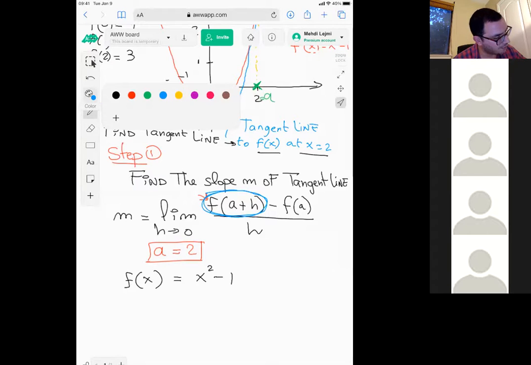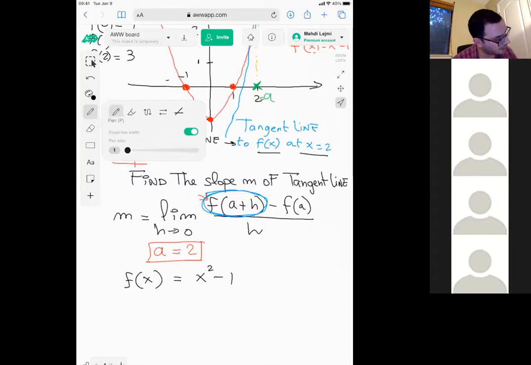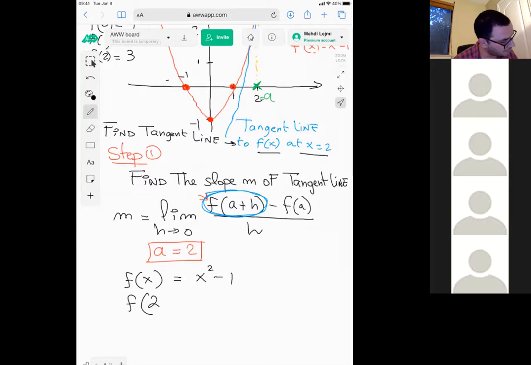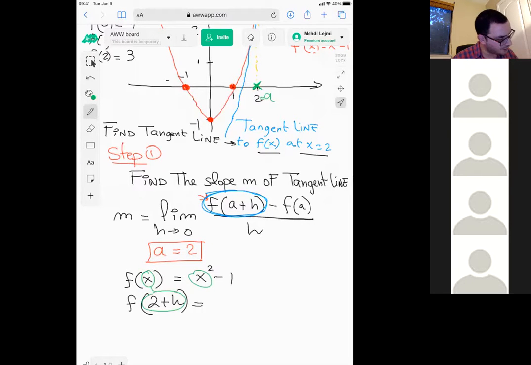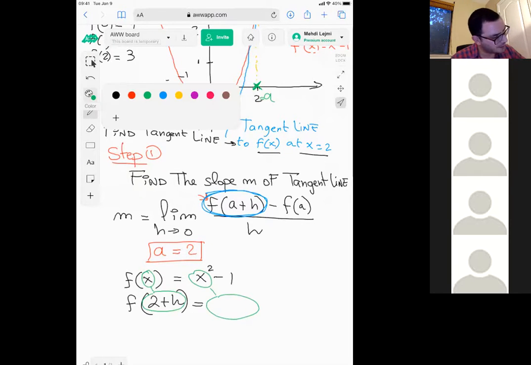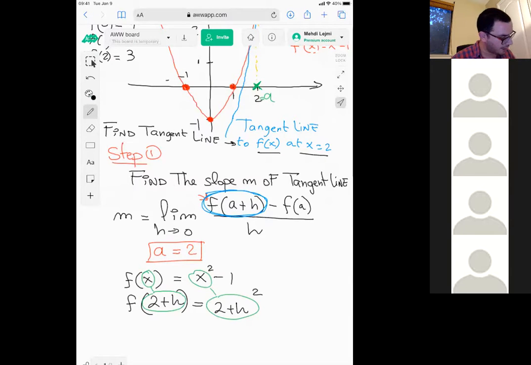So first we need to find f of 2 plus h. f of x is x squared minus 1, so you see, guys, you replace x by 2 plus h. So this x here would be 2 plus h, and there's a square, and then there is minus 1.